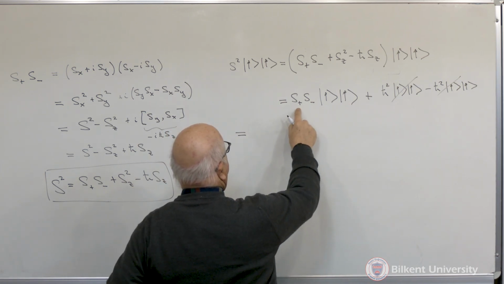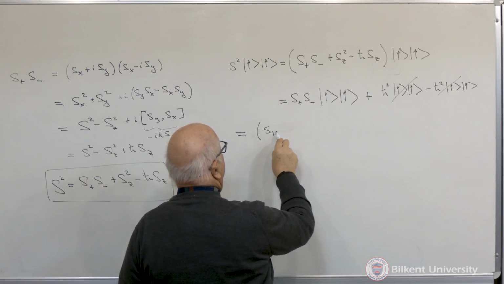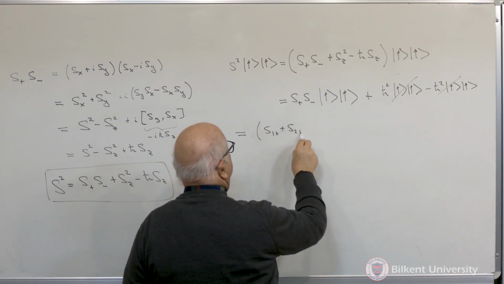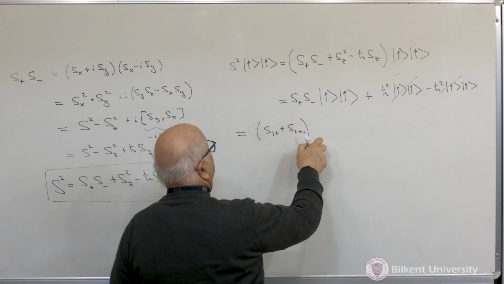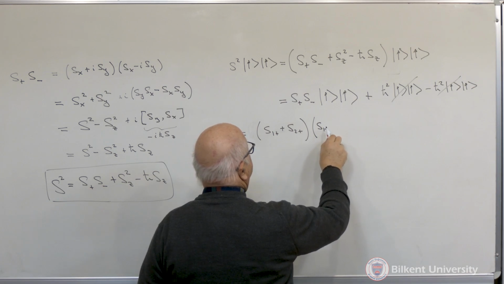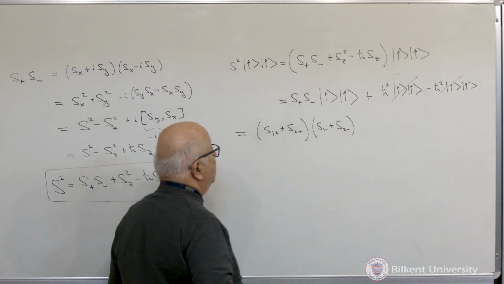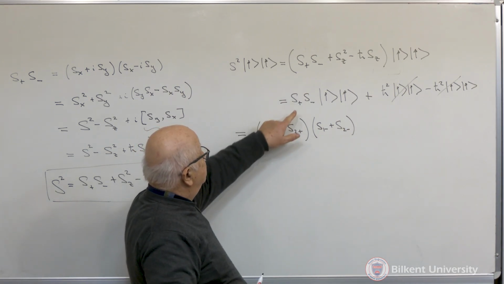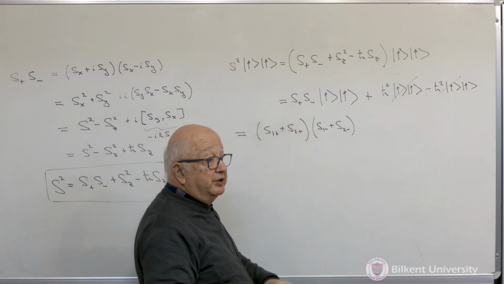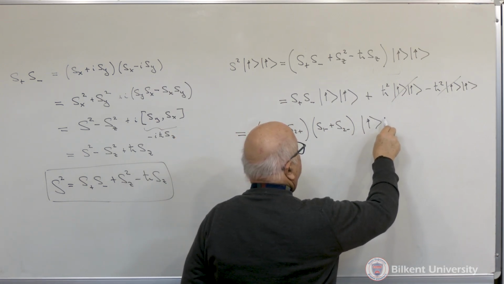So this is going to give me S_1 plus, S_2 plus, and then I have S_1 minus plus S_2 minus. So I just write this thing as first and second particle, first and second particle, and it hits on up, up.